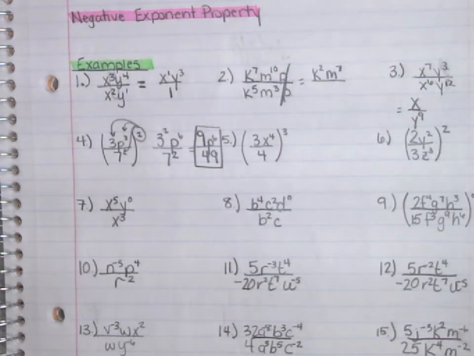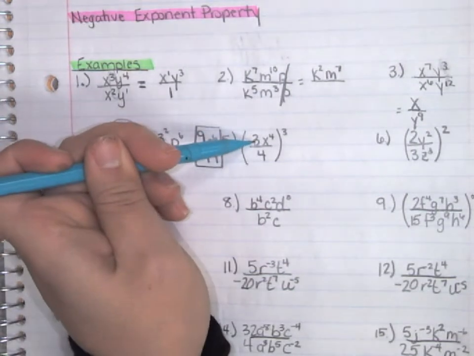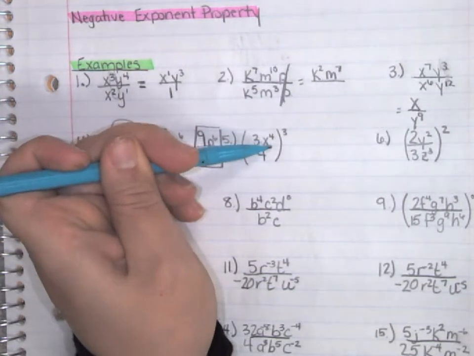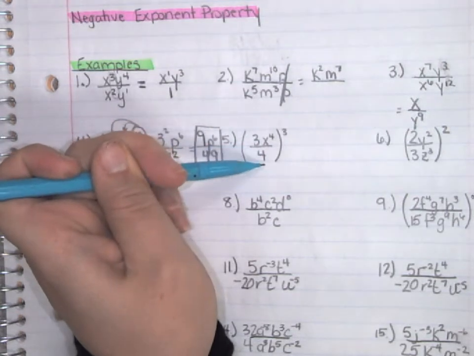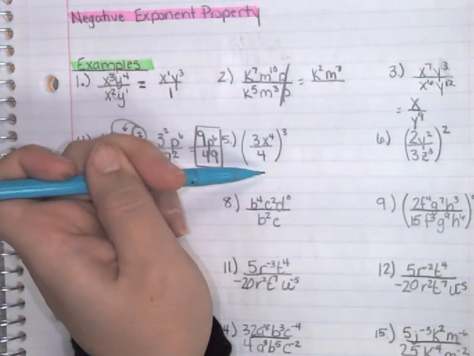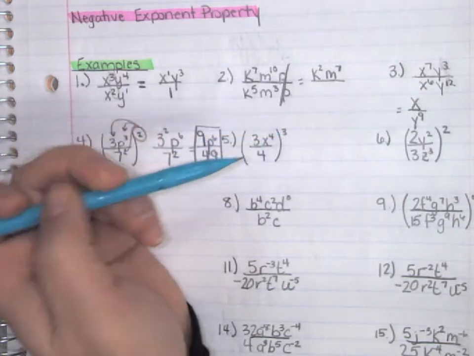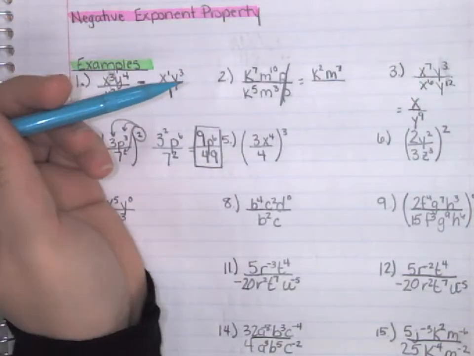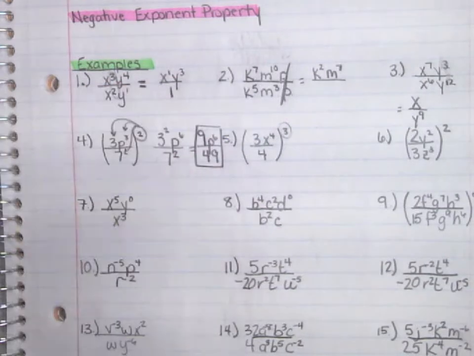Okay? So let's try 5. Just like that one, just different numbers. So 3x to the 4th all over 4, all in parentheses, to the third power. Again, what are we going to do with that 3 on the outside in the power?